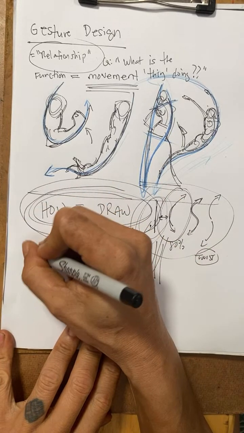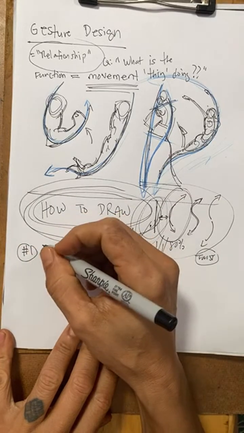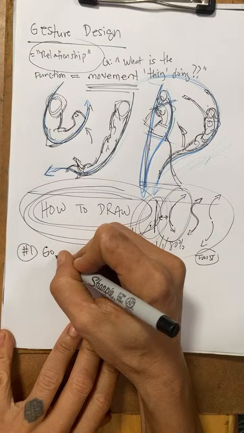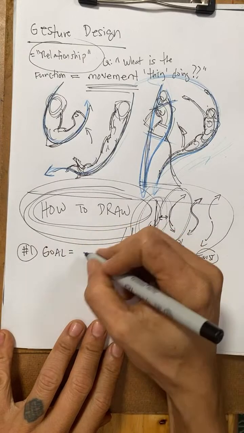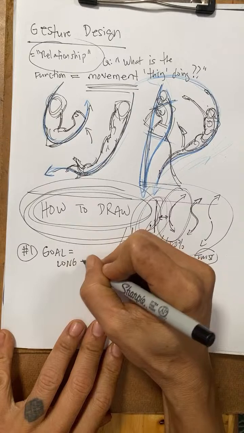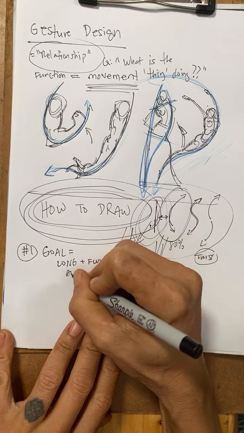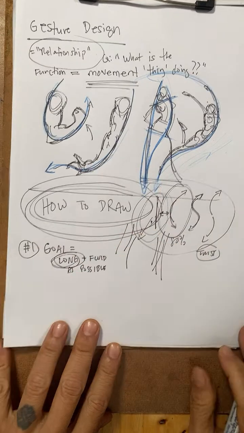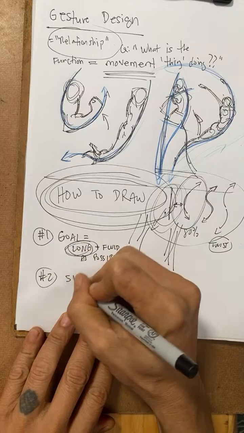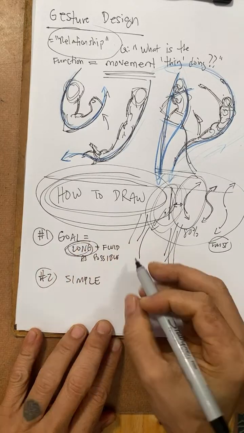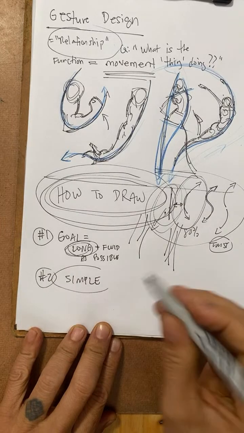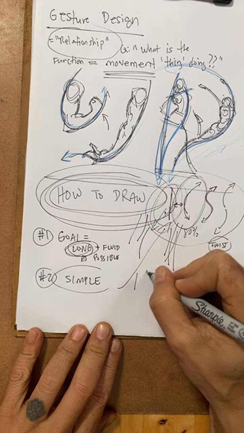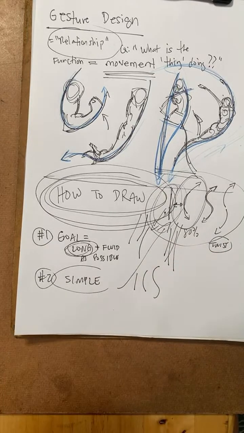Number one, we want to have accomplished our number one goal, which is to make it as long and fluid as possible. Long, that's number one. Number two is as simple as possible. As long as possible and as simple as possible. And remember, I talked about this, as simple, we can't get any simpler than one beautiful line or stroke. So let's do that now.